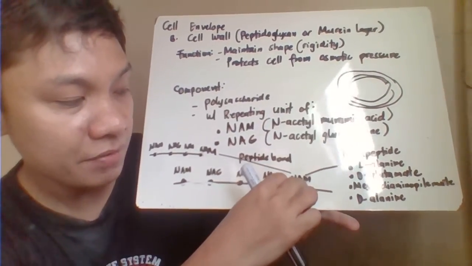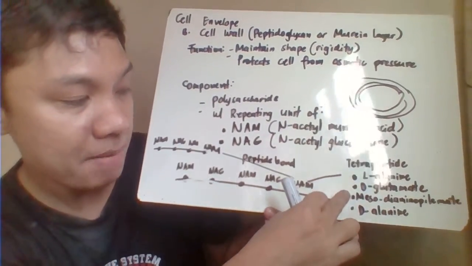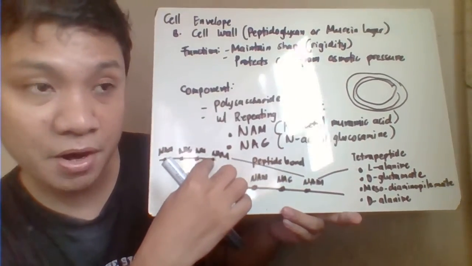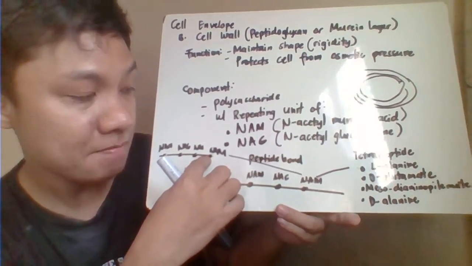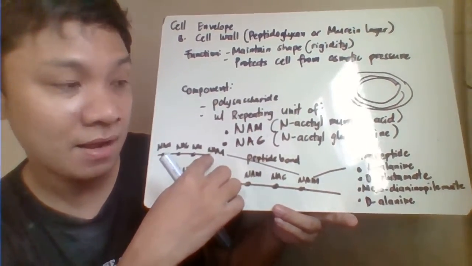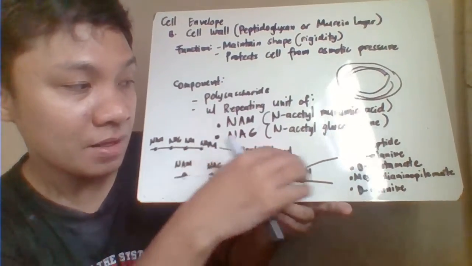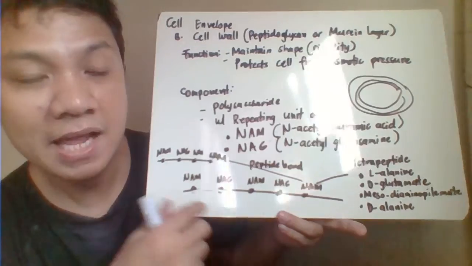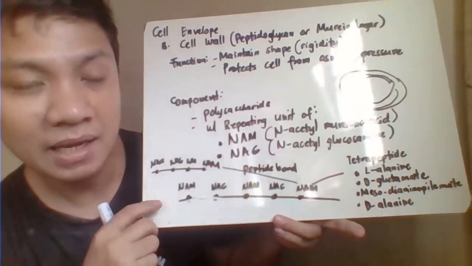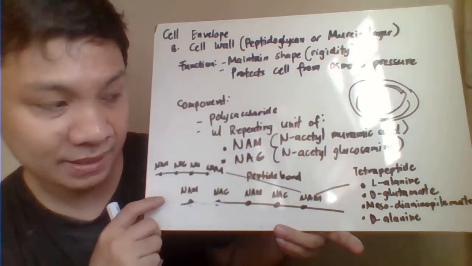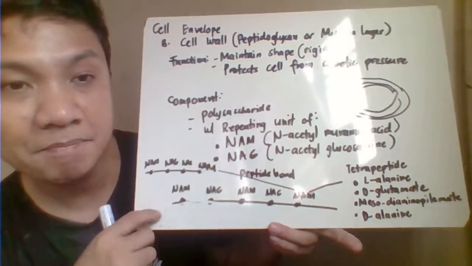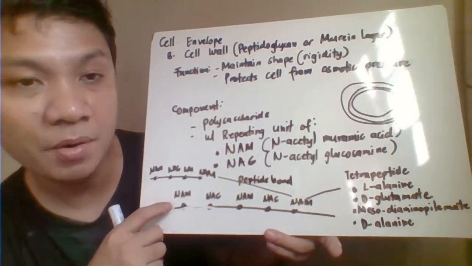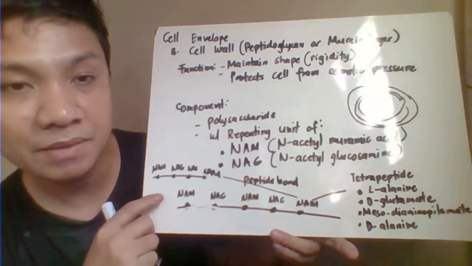So, for example, you have your NAM, may 4 dito na tetrapeptide. Another layer or unit of your polysaccharide, ang NAM area niya may tetrapeptide din. By the tetrapeptide, another tetrapeptide here, they are able to form a linkage by a peptide bond para mag-form siya ng bigger structure comprising approximately the entire peptidoglycan unit.